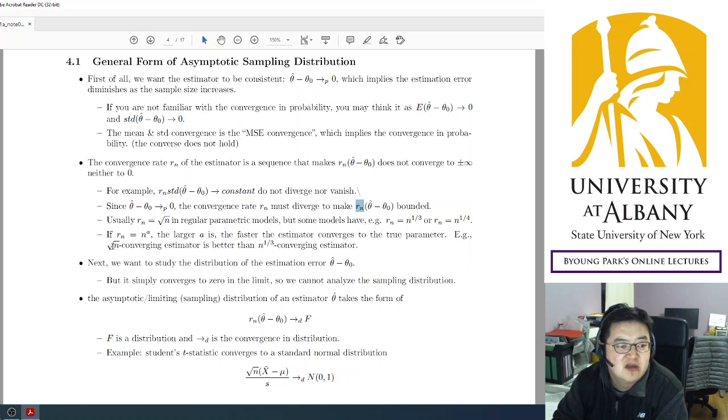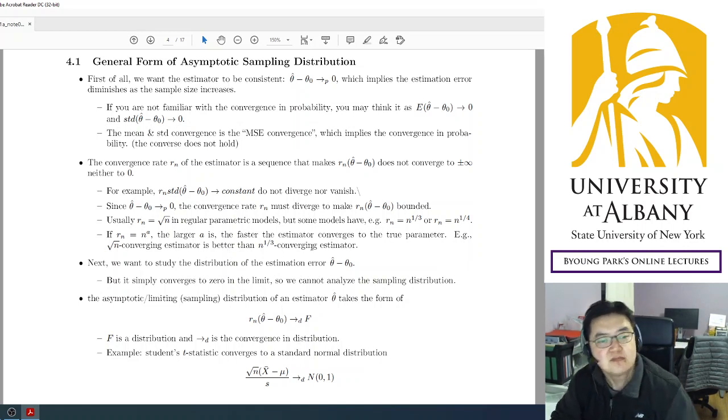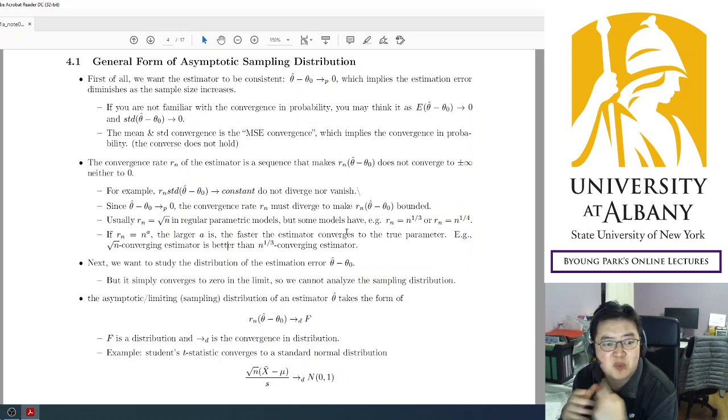For example, a square root n convergence rate is better than a cube root convergence rate. So the convergence rate is the second important criterion to compare two estimators.